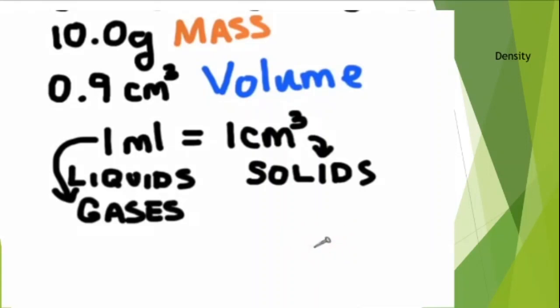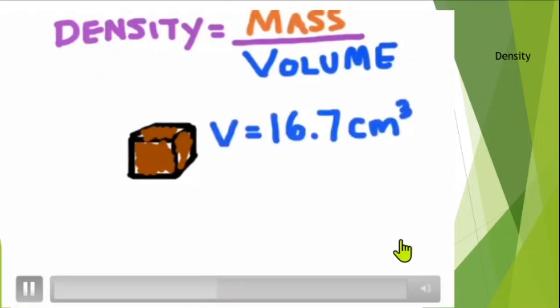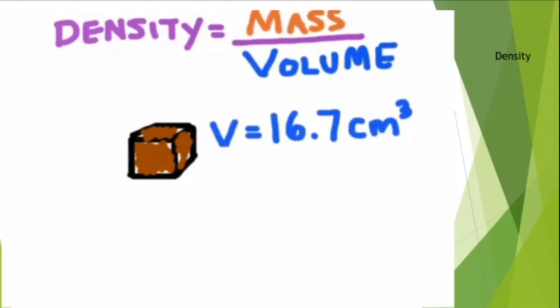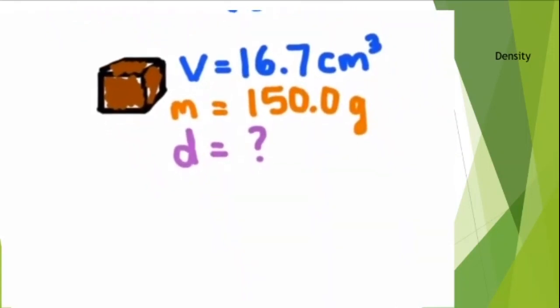Let's try calculating density based on some measured values. Remember our equation for density. If you had a cube of copper that had a volume of 16.7 cubic centimeters and a mass of 150 grams, what is its density? Using the equation above, we can see that density will be equal to mass divided by volume.